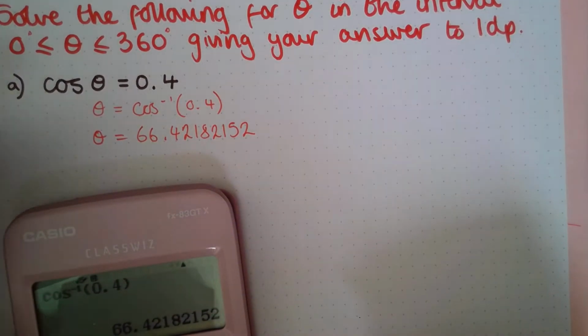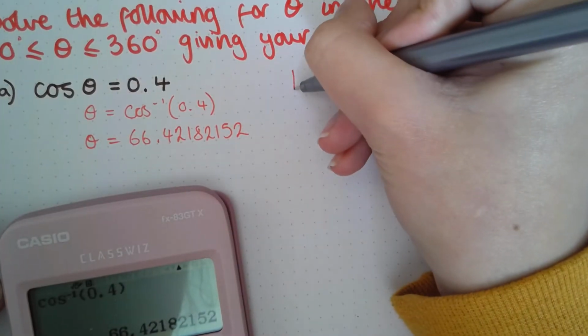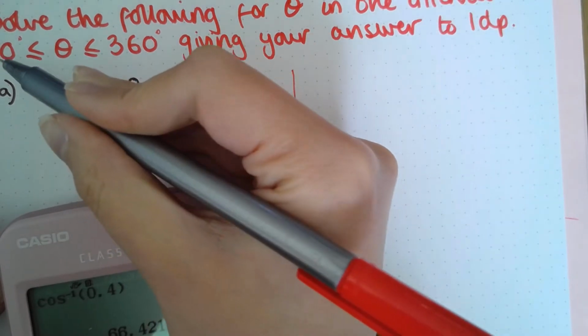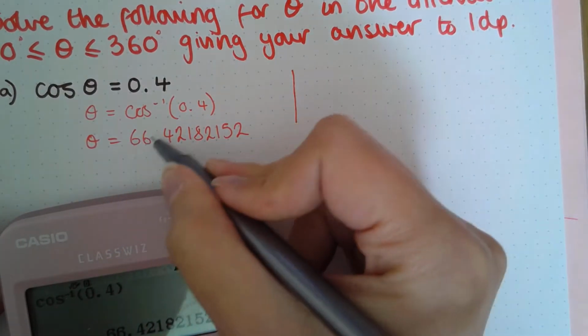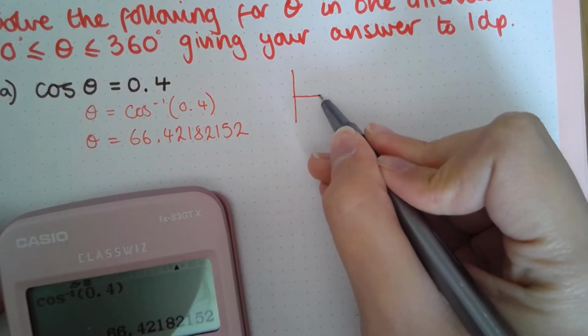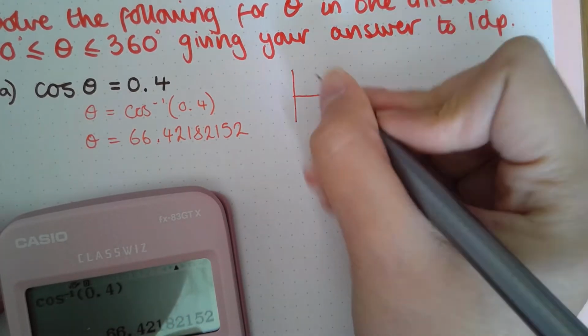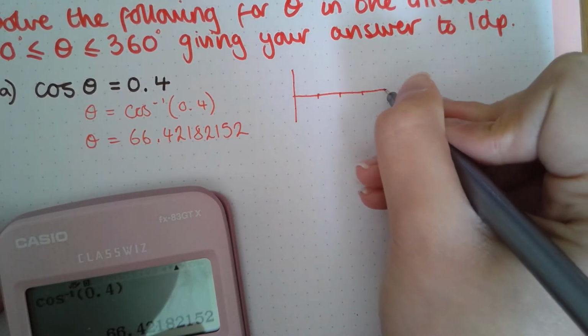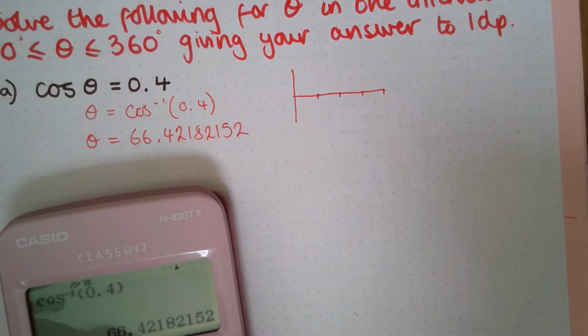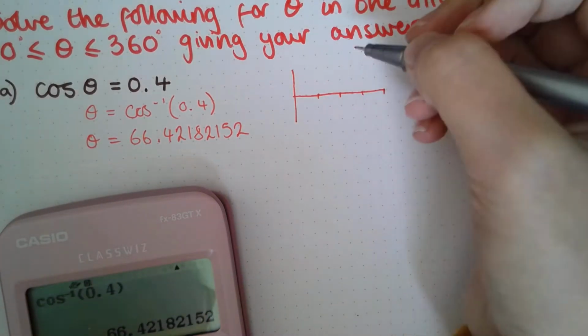So because I'm working with cos, I'm going to draw the cos graph because it's between 0 and 360. That's how I'm going to draw it: 90, 180, 270, 360. You can add them on if you want to, but I just want to do a quick sketch.